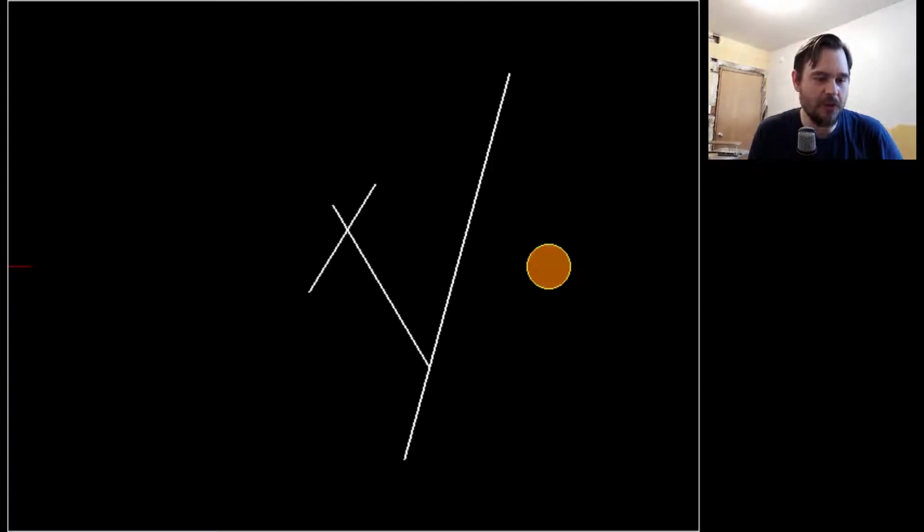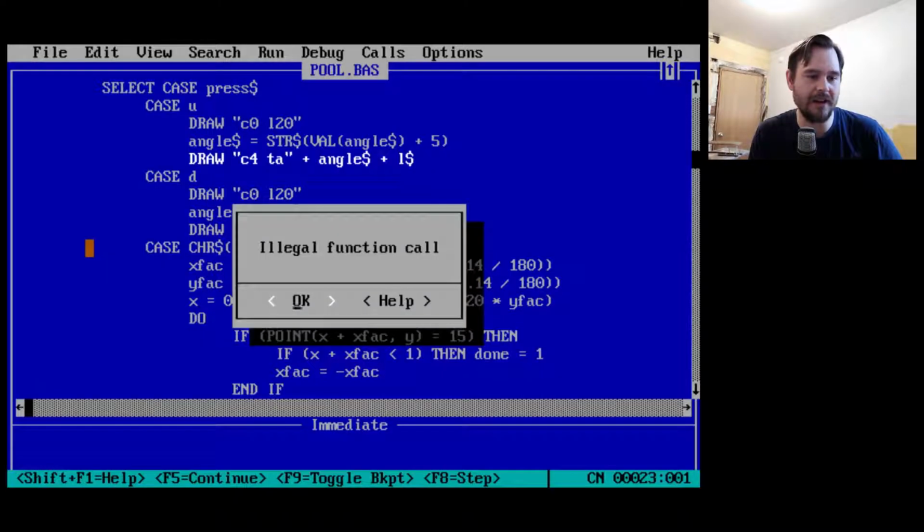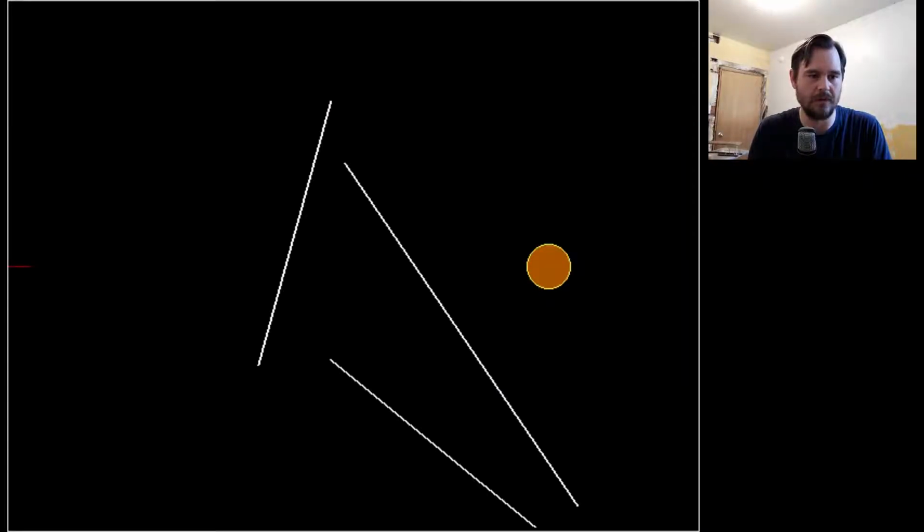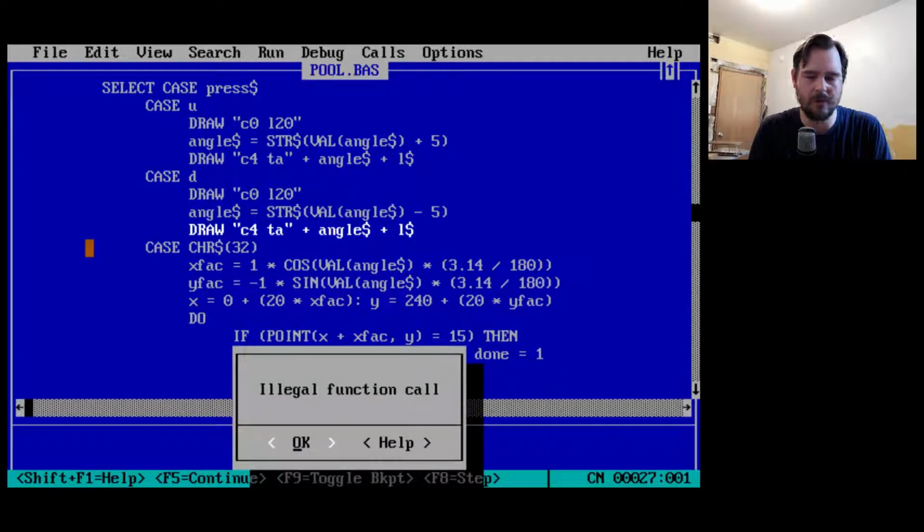Okay. So the red thing on the left there. Huh? Oh wow, that is going to be some funky stuff. Why isn't that working?